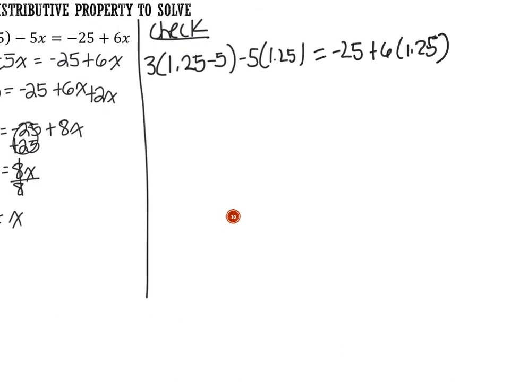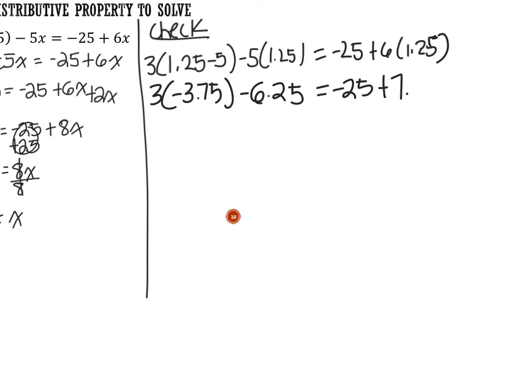Okay. The first thing I'm going to do is deal with my parentheses. So 1.25 minus 5 equals 3 times negative 3.75. And then negative 5 times 1.25 gives me negative 6.25 equals negative 25 plus 6 times 1.25, which is positive 7.5.